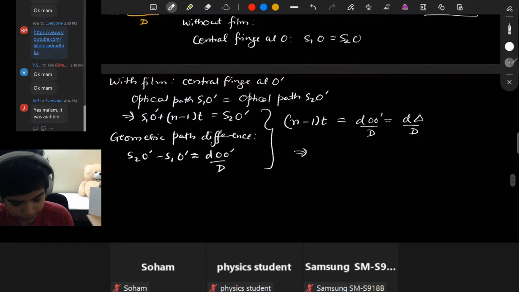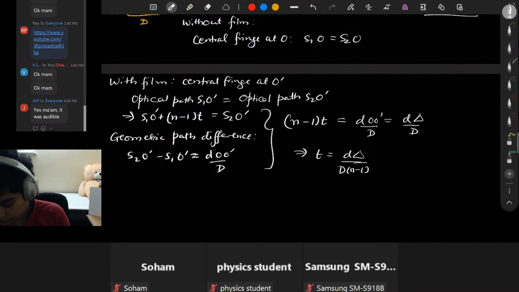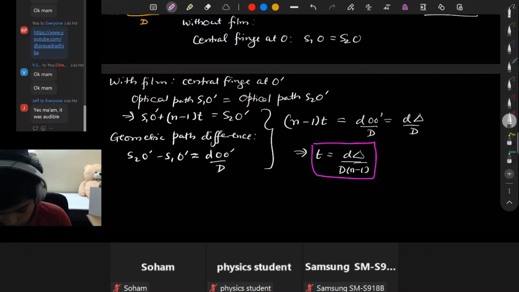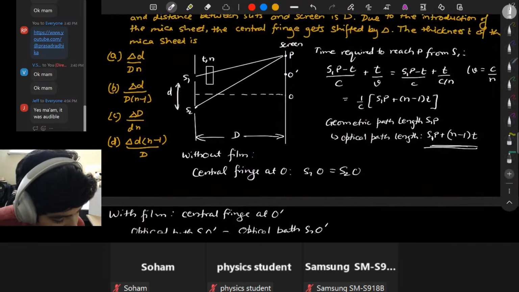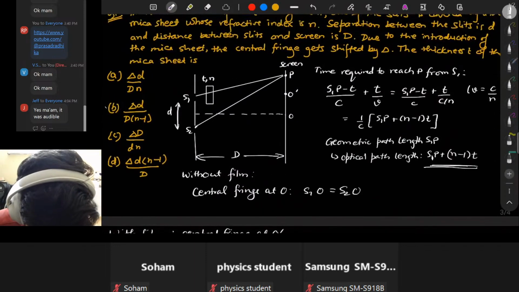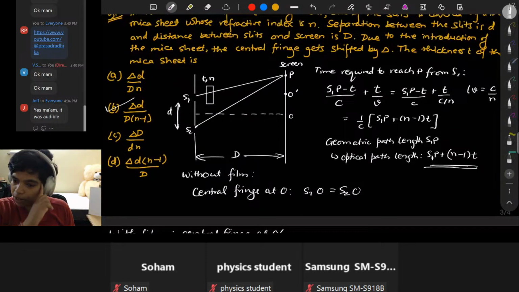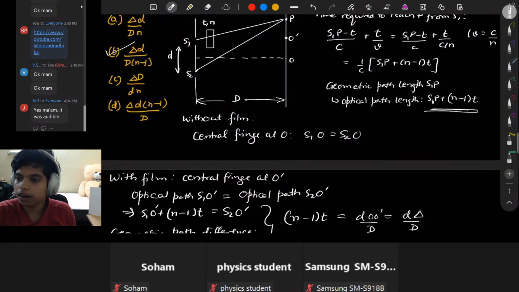So from this we get t equal to d delta over capital D (n minus 1). So the correct option in this case is option B. This brings us to the end of the assignment problems.